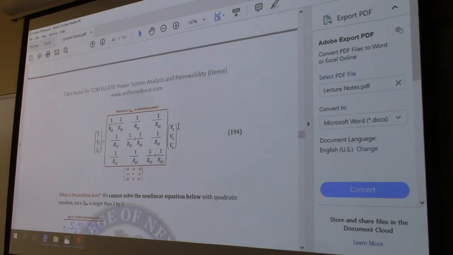So Y11 would be this element right here, Y12 would be this element right here, Y13 would be this element right here. And you know how to make that matrix from doing nodal analysis.